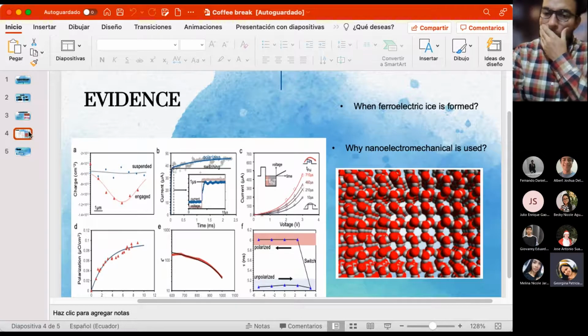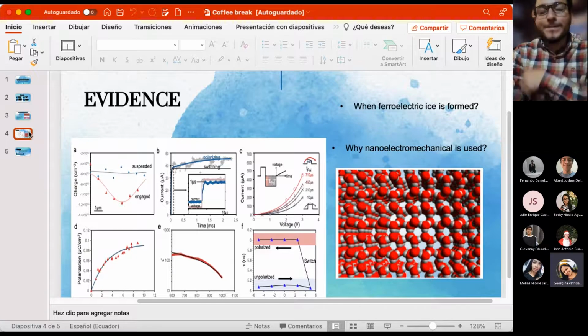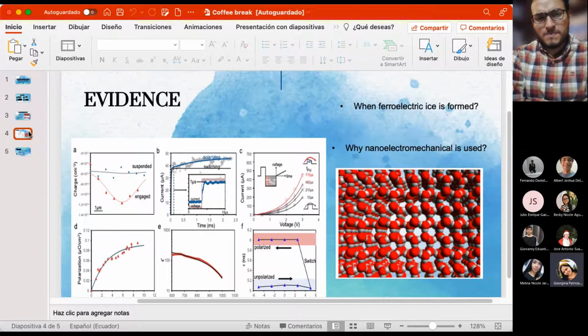In picture 2E, you can see the last evidence for ferroelectric ordering that is obtained by high-frequency measurements. Variable frequency excitation reveals a monotonically changing dielectric constant. And in picture 2F, it shows the change in polarization after the graphene is brought into contact. And this confirms the presence of ferroelectric ordering that is stable once generated.